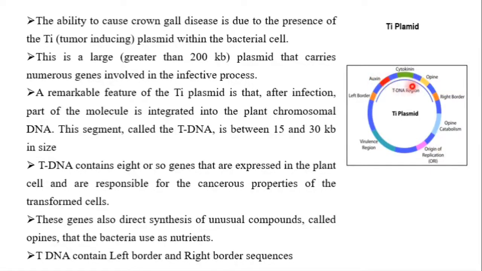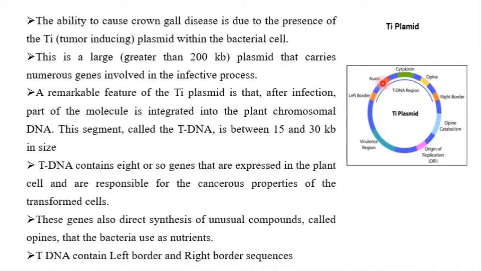They are plant growth hormones. When auxin and cytokinin enter the normal plant cell, the plant cell will increase the production of auxin and cytokinin, so cell multiplication increases and causes cancerous proliferation. The genes present in the T-DNA portion are responsible for the cancerous proliferation in the transformed cell.